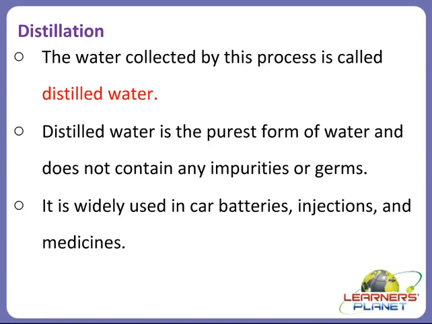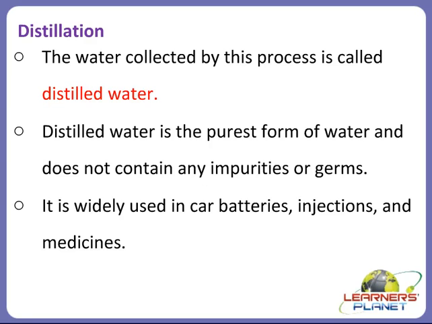Because the same injection which has been given to one patient cannot be used for another patient, otherwise there can be chances of getting diseases, right? There can be chances of spread of diseases. So to sterilize all such things, we need distilled water, which is the purest form of water, right?